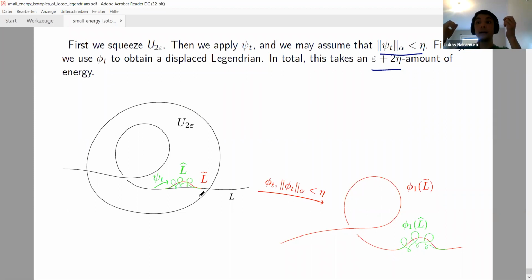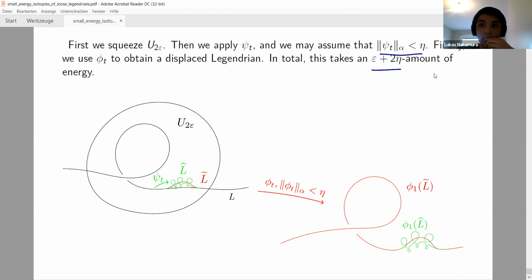So you can actually do this for arbitrary isotopies between two loose Legendrians, which have such loose charts in balls of some height.